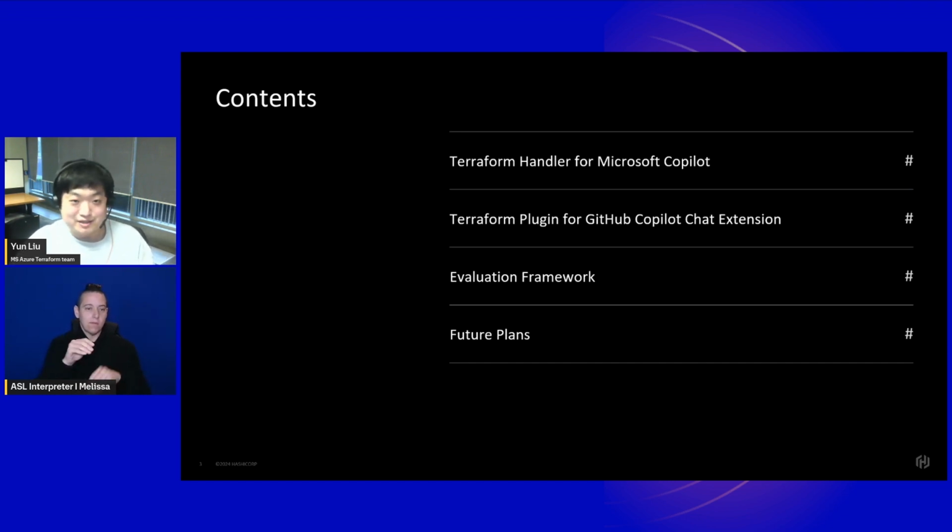I'm going to give you a quick demo of this and show you how to use it. After that, we will talk about the evaluation framework, which is very essential. It helps us keep our generation quality at the best stage, and I will show you the improvements we made. And lastly, we will discuss our future plans about how we provide more abilities and a better user experience. So no more waiting, let's get started.